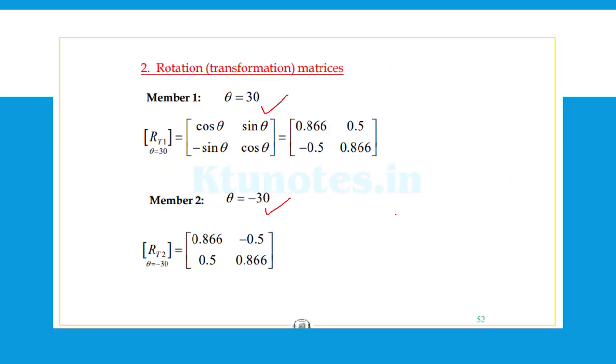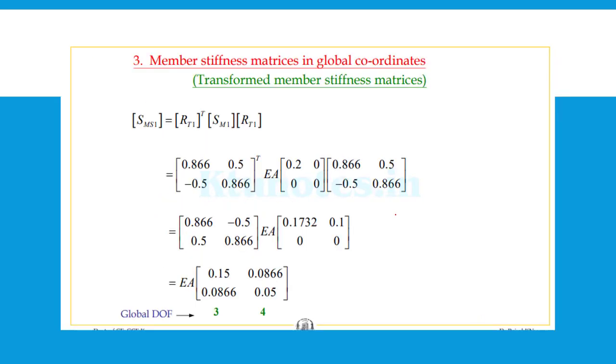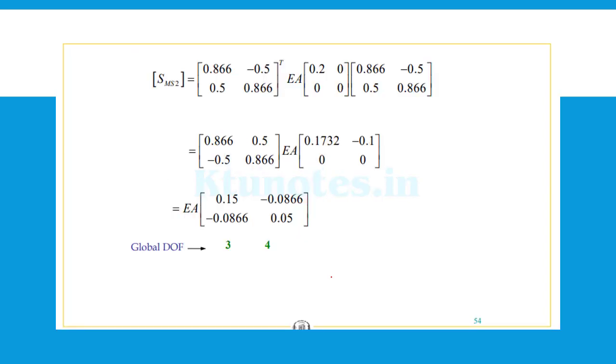To get RT1 and RT2, then the member stiffness matrix in global coordinates, we have to convert it. So S1 is equal to RT1 transpose into SM1 and RT1 for member 1, to get the value in global degrees of freedom 3, 4. And also S2 will be equal to this value, also in 3, 4 for the global coordinates.